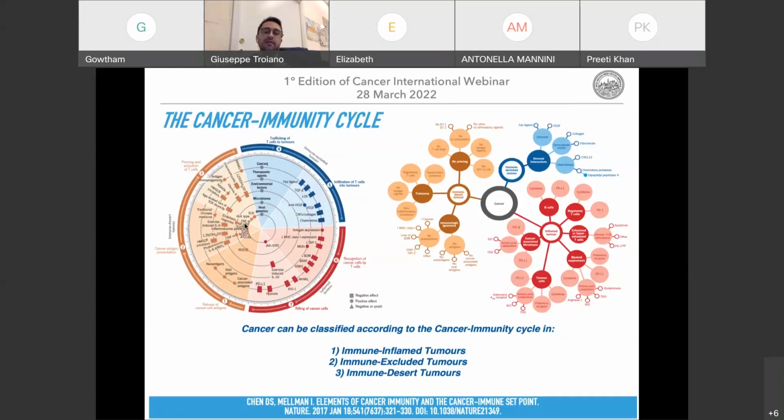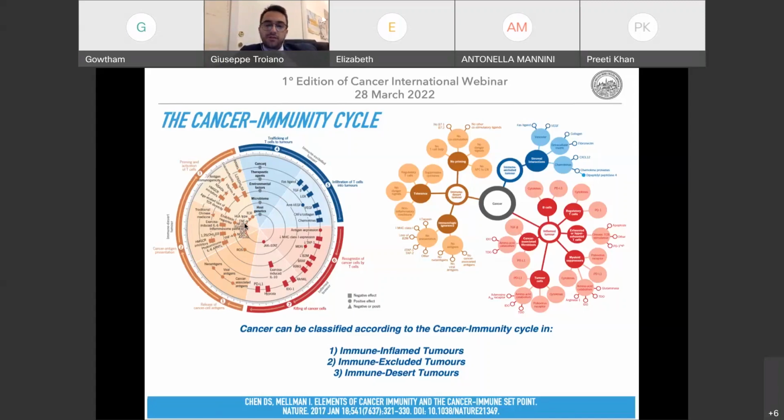Or we can have, for example, the immune excluded tumor, with a high number of immune cells that are not able to infiltrate the tumor and just remain outside in the tumor stroma. Or we have a subgroup of tumors, the so-called immune desert or immune cold, where there is really a paucity of immune cells.